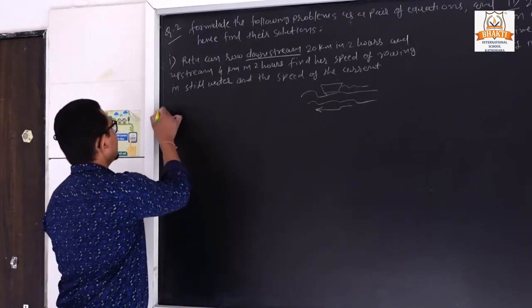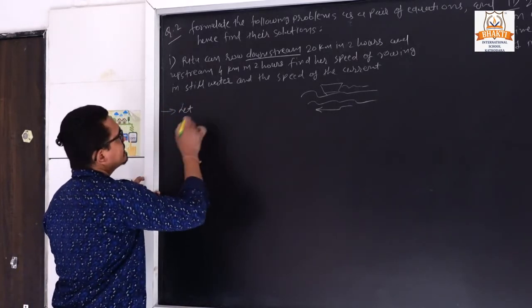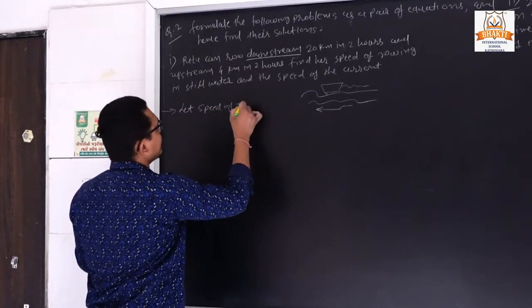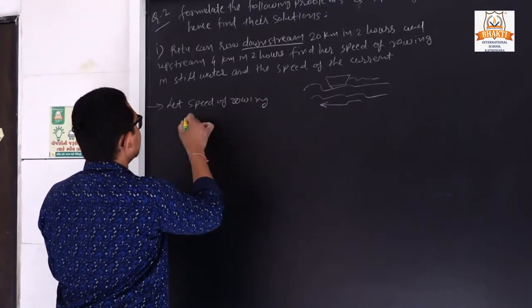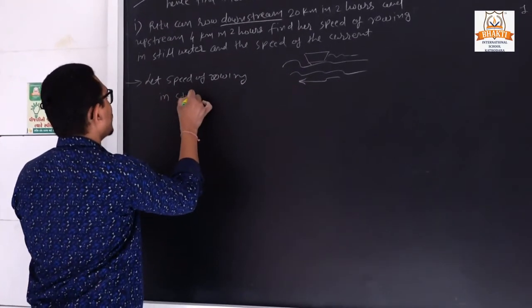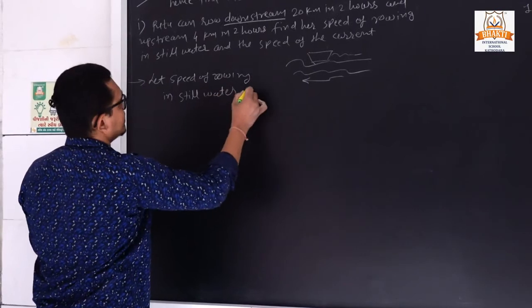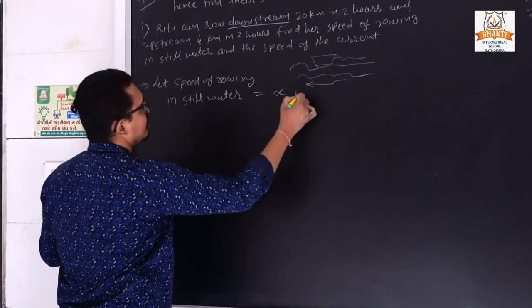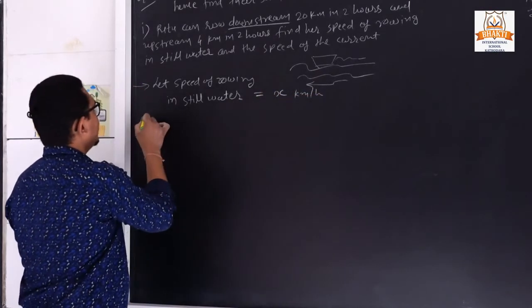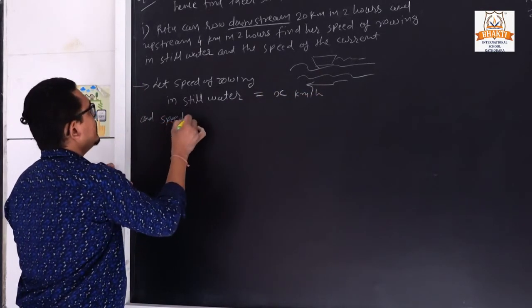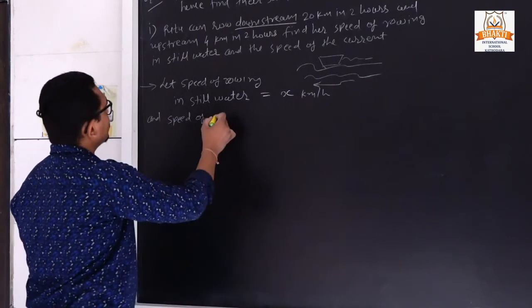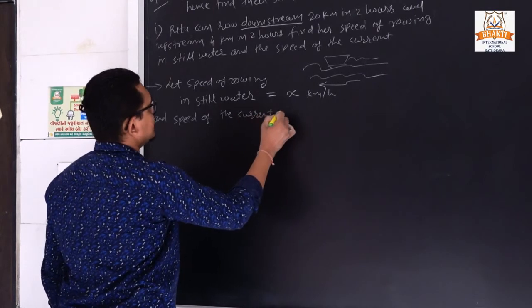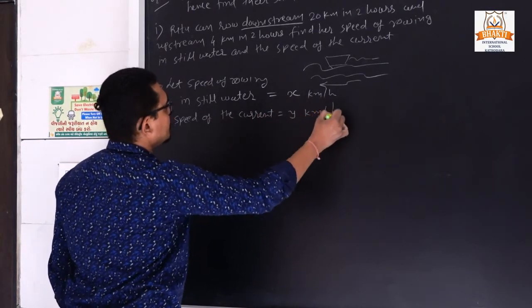So first of all, we can assume that let speed of rowing in still water is equal to x kilometer per hour and speed of the current is equal to y kilometer per hour.